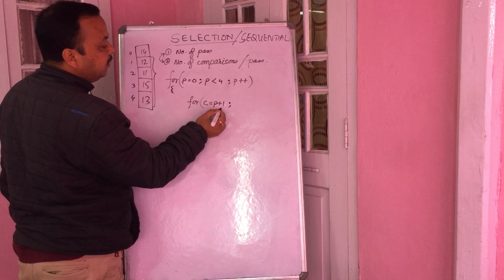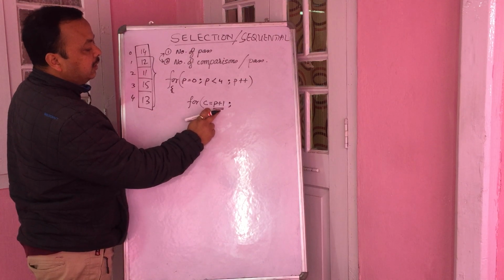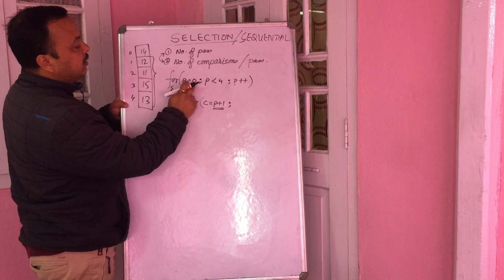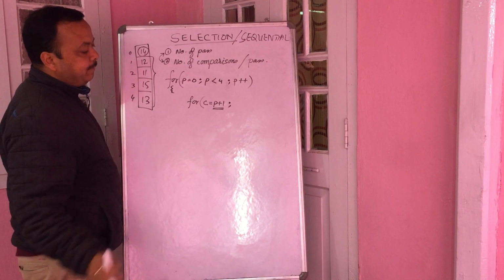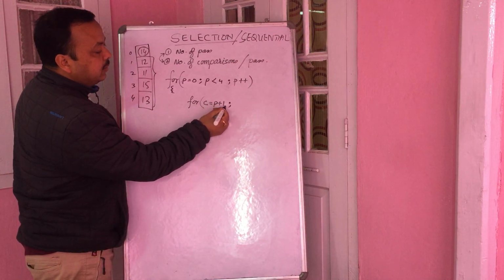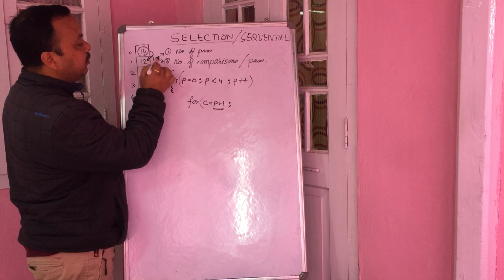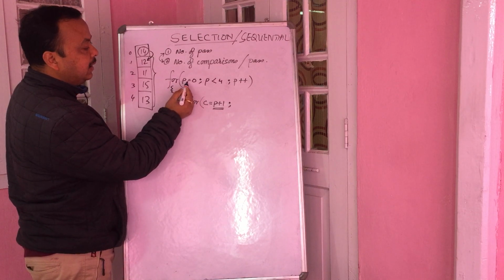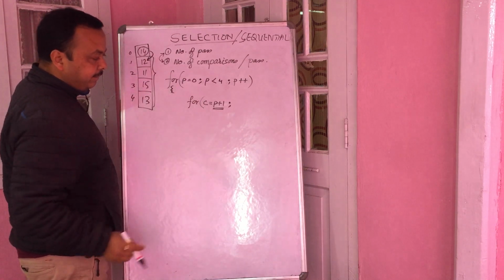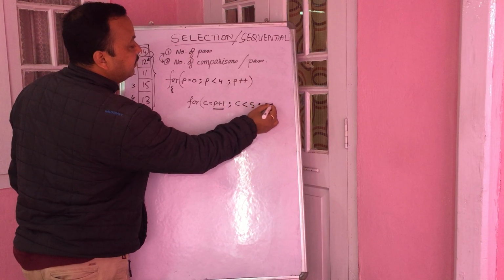Why did I write P plus 1 here? Pay attention. First time when P is 0, I am going to pick this number to be compared. C becomes 1, which means I am going to compare 14 with 12. So C must always be one step ahead of P at the beginning. Then C should be less than 5, C plus plus.